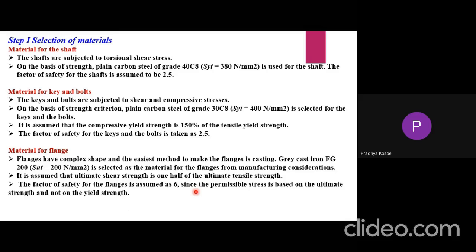And in case of yielding of the material, as compared to brittle material, chances of failure are less. So factor of safety is higher in case of a flange as compared to shaft, key and bolts. So it is 6, as design is based on ultimate tensile strength, not on the yield strength.